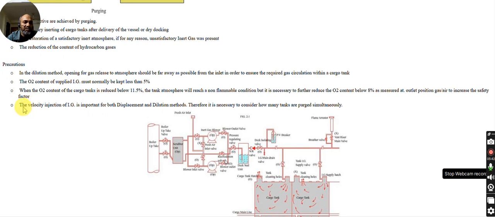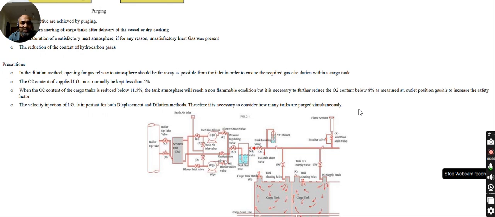Then another precaution is that the velocity of injection of inert gas is important for both displacement and dilution methods. Therefore, it is necessary to consider how many tanks are purged simultaneously. If you take more tanks for purging with the same flow, then the flow per tank will be reduced. Again, if you purge only one tank with a higher flow, then it will be very fast.